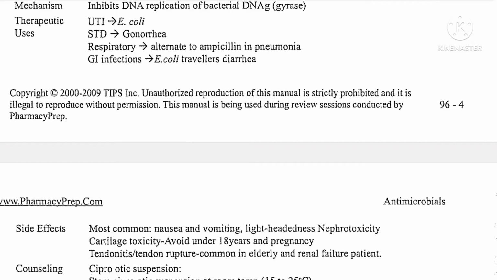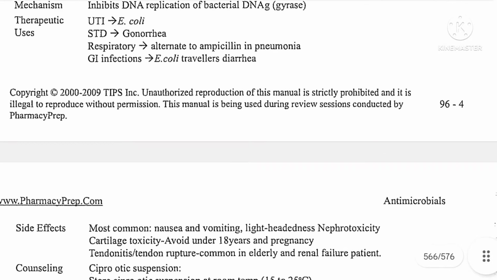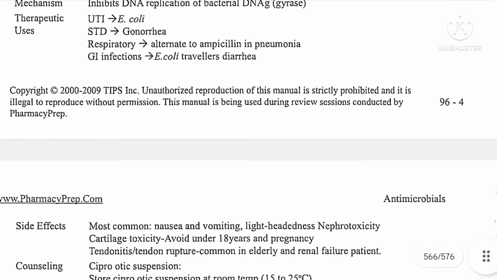It is used in respiratory infections, as an alternative to ampicillin in pneumonia, and in GI infections.